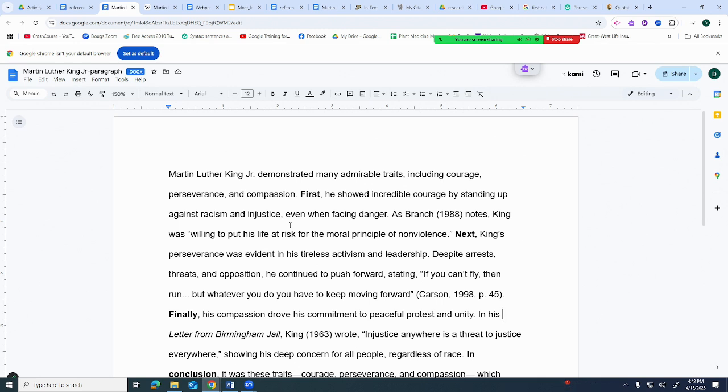All right. Then next I throw in a transition word. First, he showed incredible courage by standing up against racism and injustice, even when facing danger. Now, I've done things a little bit different here, but see this as Branch 1998 notes.